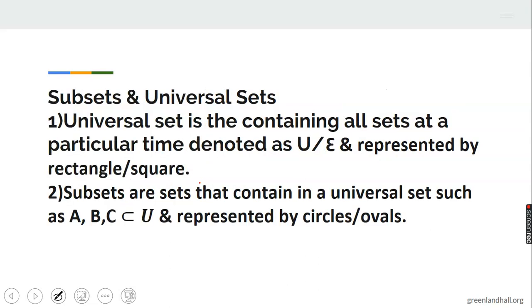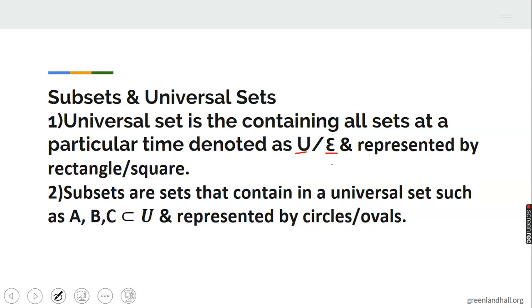Now, subsets and the universal set. The universal set is the set containing all sets at a particular time. It is denoted as U or E and represented by a rectangle or square.